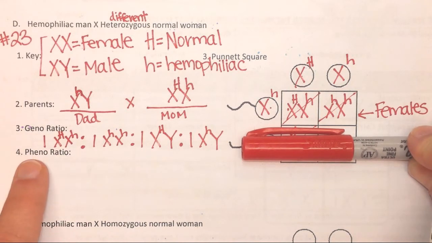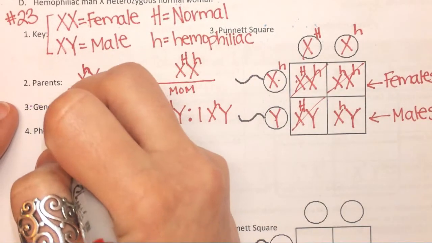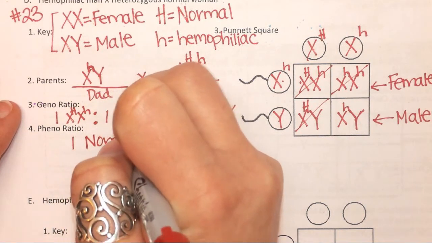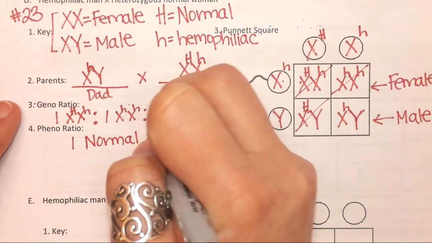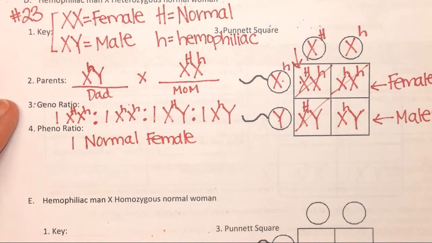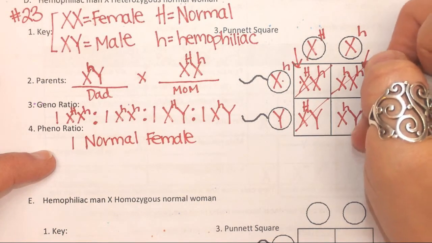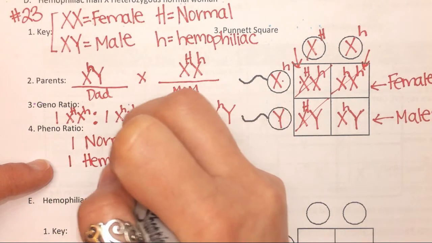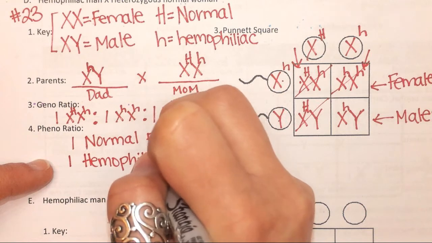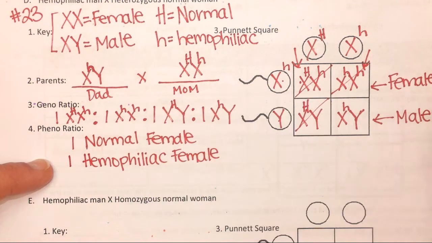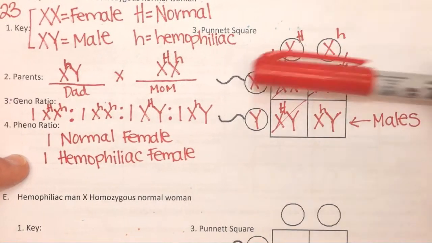So the way that we're going to write out our phenotype, you will tell me that 1 of these boxes is a normal female, and this is what this first box states. My second female box, I've got one hemophiliac female, and that's again what this box states.